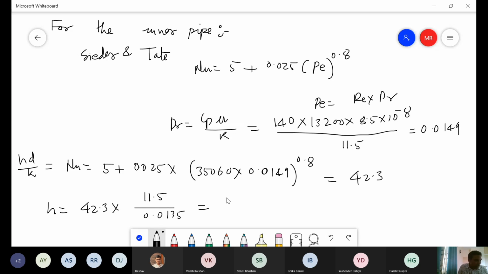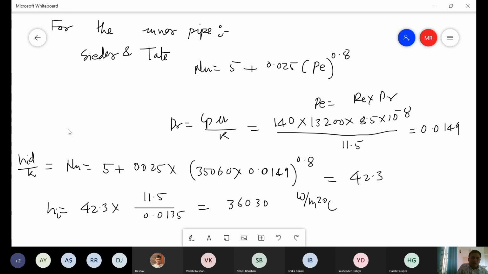So this comes out to be 36030 watt per meter square degree Celsius. So this is going to be the heat transfer coefficient inside the pipe where the mercury is flowing. So this is HI. Okay.